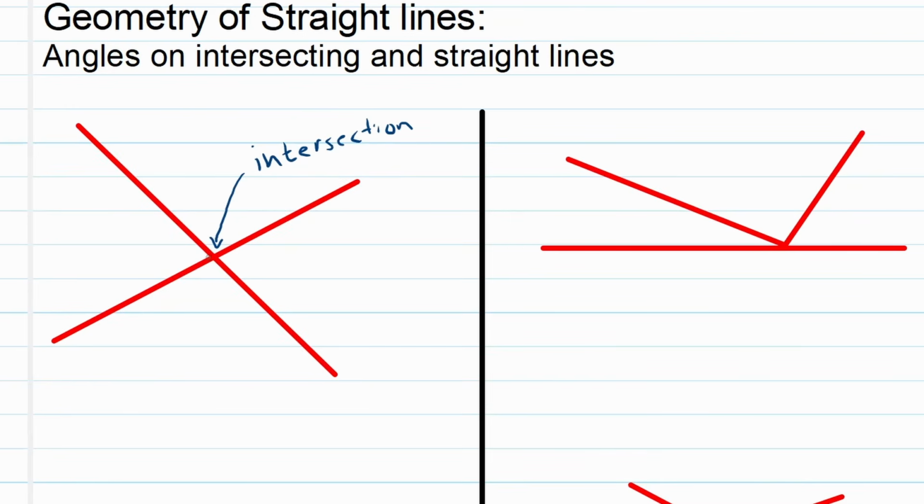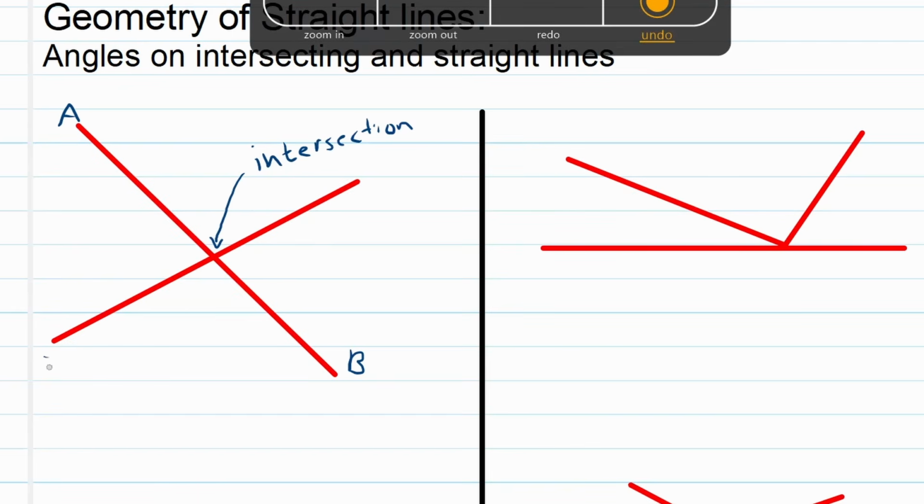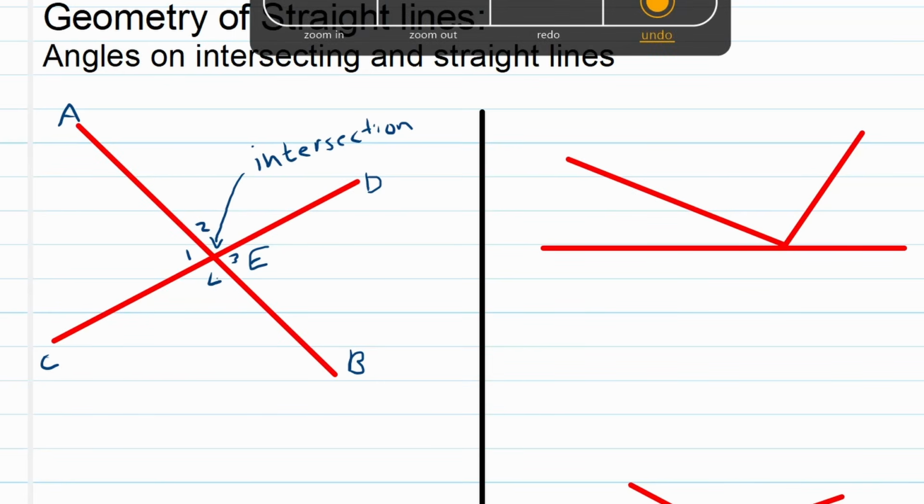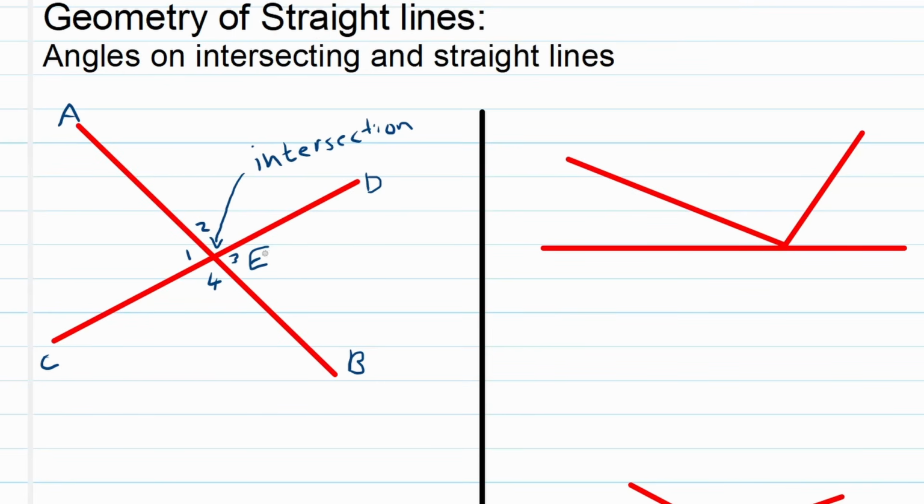So once you've got an intersection, you can have various angles. So let's say this is line A to B, C to D, and let's say this is E. We can name these angles various things. So if we reference this as 1, 2, 3, and 4, then these angles can be called E2, E4, E3, and E1.